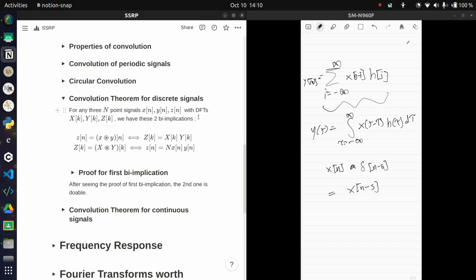Now, this is also doable from the frequency domain to the time domain, although it's not talked about that much. While proving this, you need to think of z of n, the time domain thing, as being the DFT of the frequency domain thing, z of k, albeit with a factor of 1 upon capital N. So what you should actually be saying is that N z of n is basically the DFT of z of k.